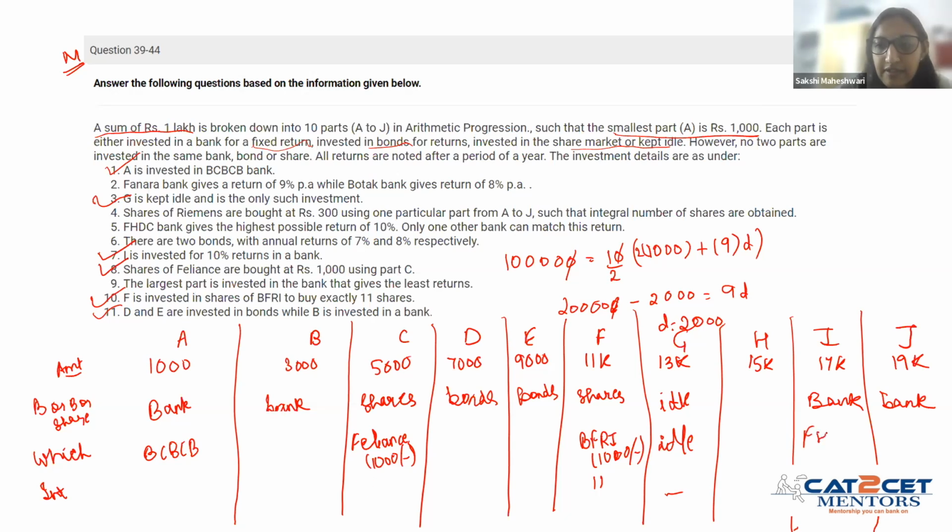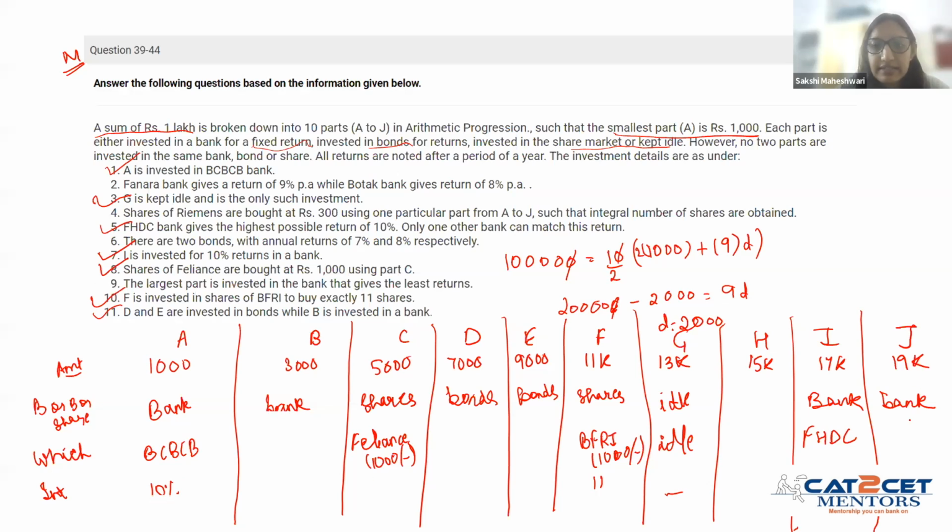So this will be FHDC. Also it is mentioned that FHDC gives the highest possible return of 10% and only one bank can match. Panara and Kotak can't match since they have 9 and 8%. So the only bank left is BCBCB, so it will match 10%.